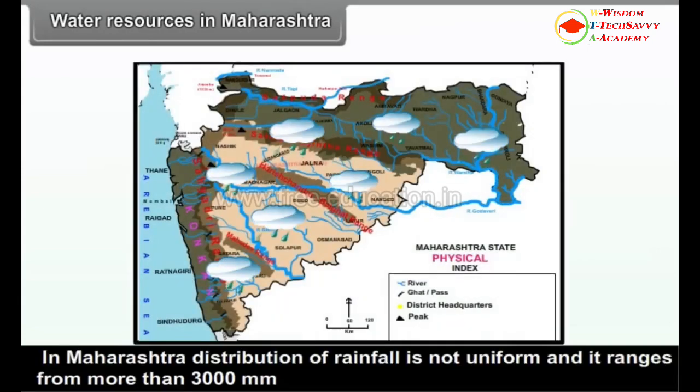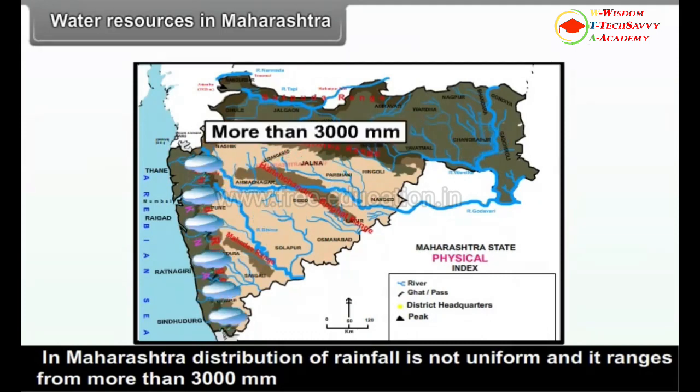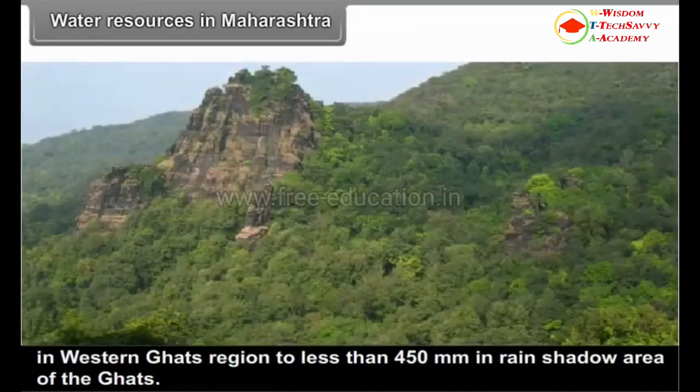Water resources in Maharashtra. In Maharashtra, distribution of rainfall is not uniform and it ranges from more than 3000 mm in the Western Ghats region to less than 450 mm in the rain shadow area of the Ghats.